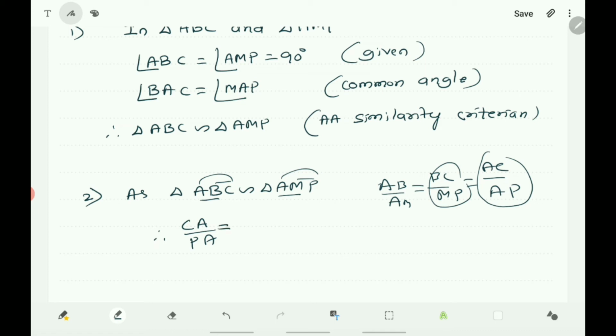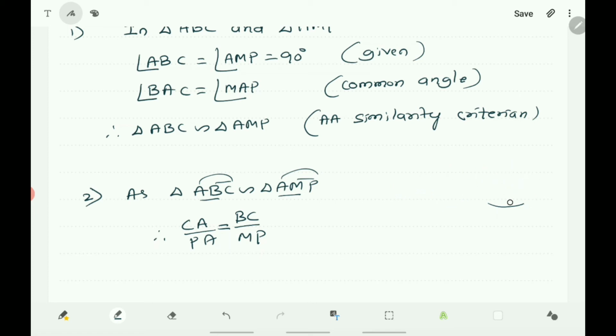Therefore, you can write CA by PA is equal to BC by MP. So, you can give the reason: corresponding sides of similar triangles are proportional.